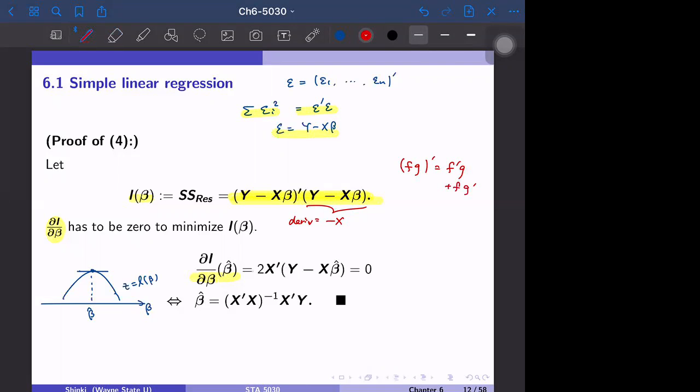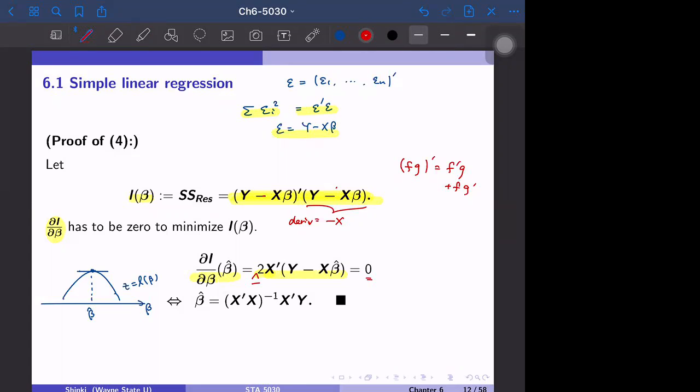In this case both terms are the same, so it simplifies even more, and the derivative becomes 2 times x transpose times y minus x beta, up to a negative sign. Then we equate it to 0.